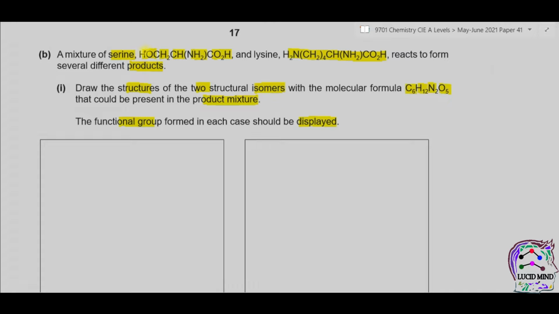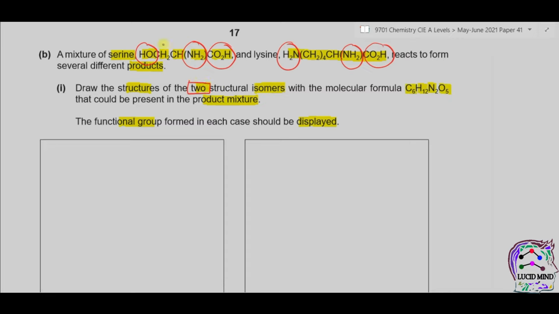In the given mixture, we can see we have alcohol functional group, amine functional group, carboxylic acid functional group, again NH2, this one is similar, and carboxylic acid functional group. They have given the molecular formula of the product and two structural isomers are formed for this molecular formula.